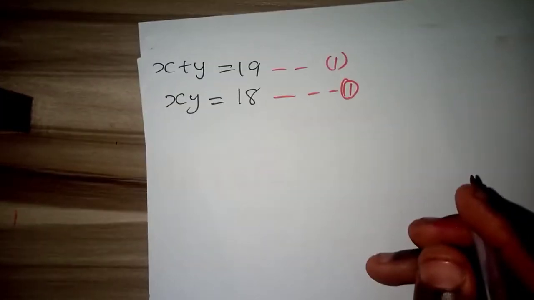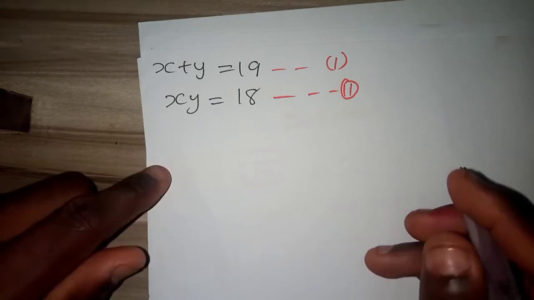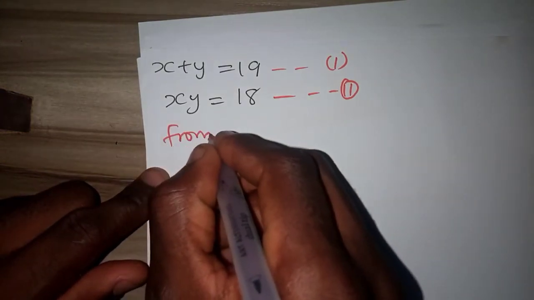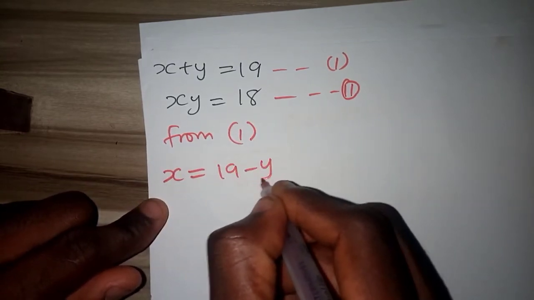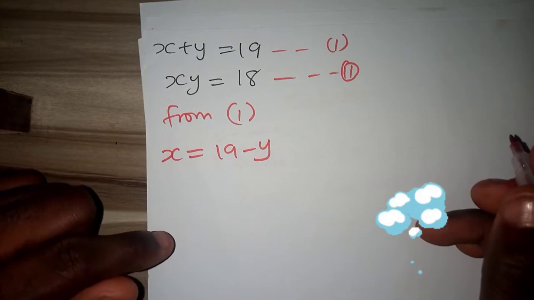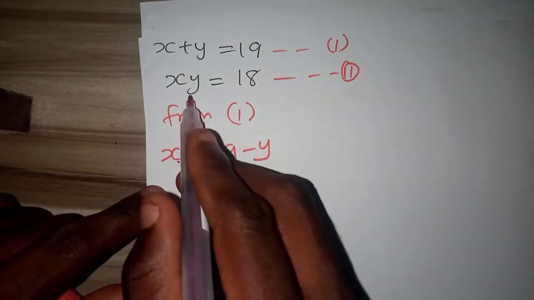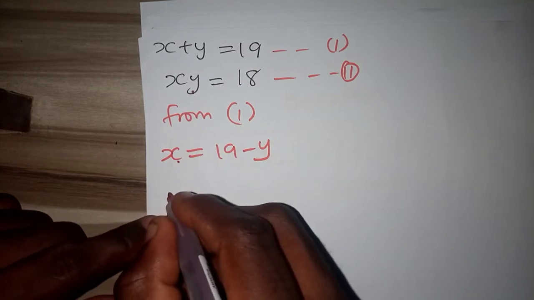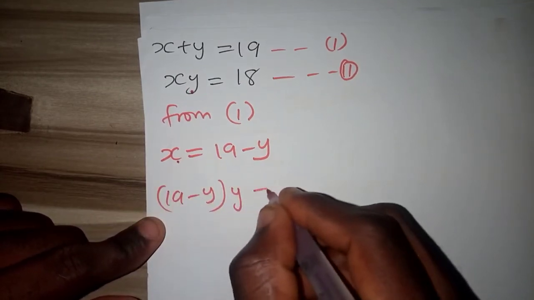The best thing for us to do here is to use equation 1 against equation 2. From 1 you can say x equals 19 minus y. Anywhere we see x, we're going to put it in equation 2. So that would be 19 minus y in bracket times y equal to what?